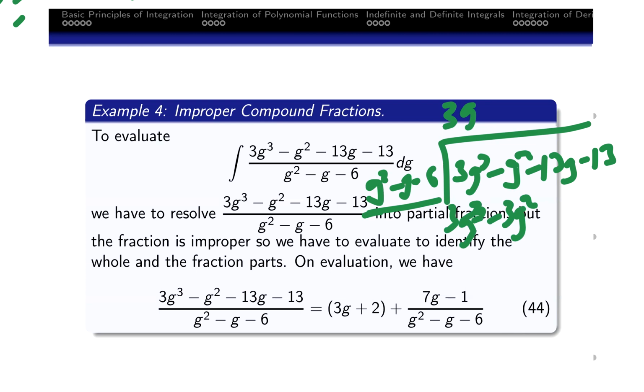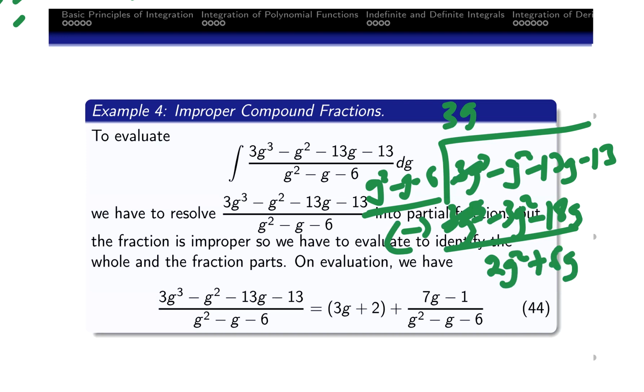Okay? So you subtract, and this cancels this. Minus g squared minus minus 3g squared, that's plus 2g squared. That's 2g squared. And then minus 13g minus minus 18g, that's plus 5g. Then you bring down the minus 13, okay?